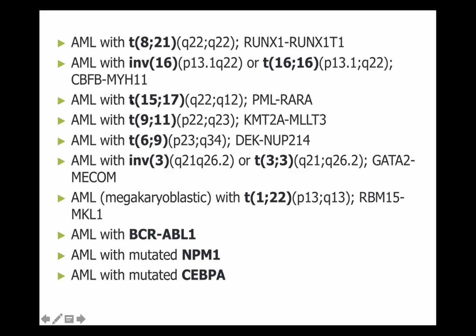There is translocation 15;17 or acute promyelocytic leukemia, PML-RARA. And we know that the first three types are known to have less than 20% blasts. I mean that you can diagnose acute myeloid leukemia with these translocations, even if you have less than 20% blasts.